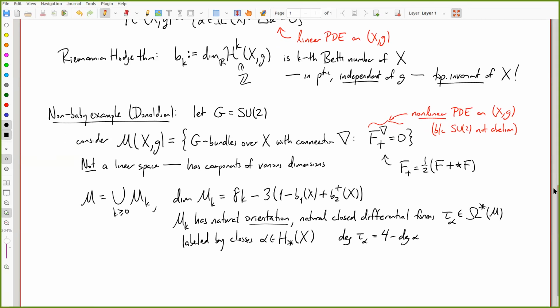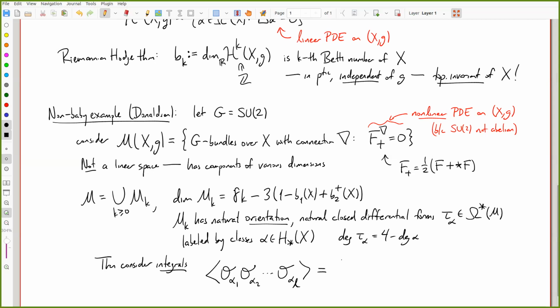And so then what you can do is you can consider integrals, which I'll write like this. This is just notation on the right. So O alpha 1, O alpha 2, up to O alpha L, where alpha 1 up to alpha L are these homology classes on our four manifold.